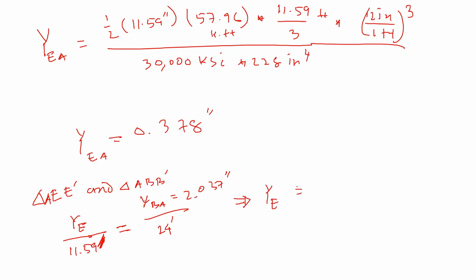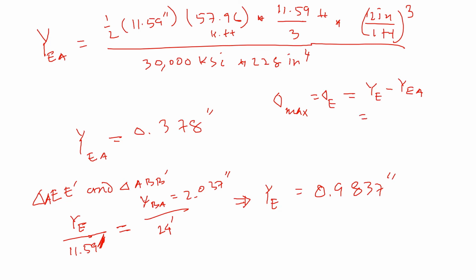That is not calculated yet. Let me calculate that. So this one I have found 0.9837 inches. So we can find delta max, or delta E, it's the same thing. That would be YE minus YEA.